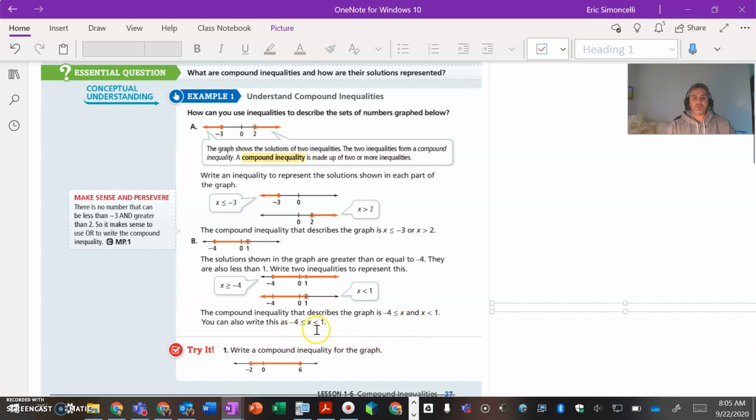Because here's how you would read this: -4 is less than or equal to x, and x is less than 1. You can combine into one kind of large statement, while on an or statement you cannot. So and you can combine, while again or you cannot.